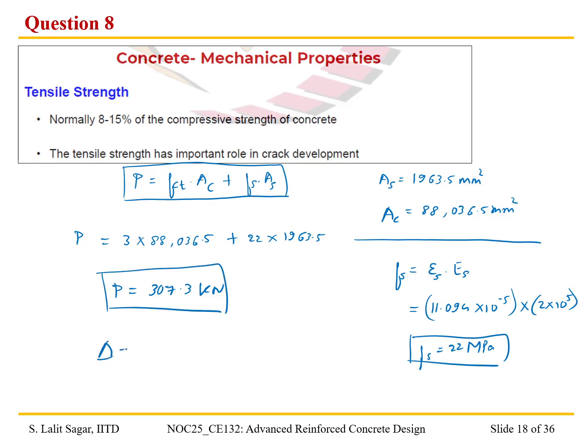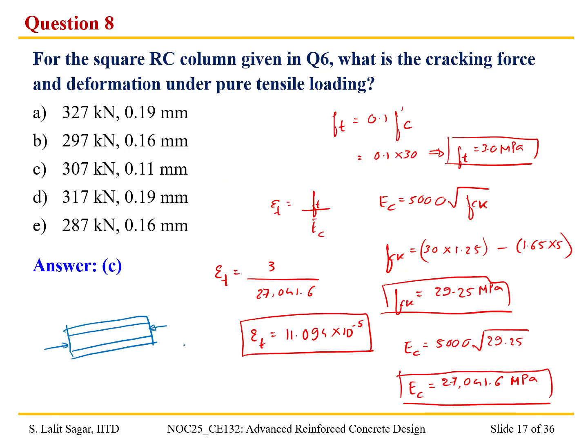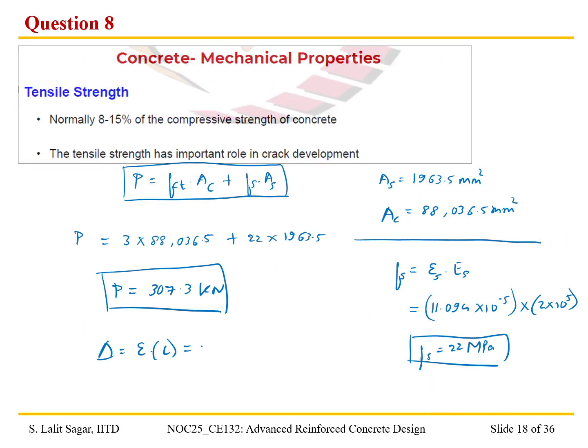And delta is given by epsilon into L, which is 11.094 into 10 to the power minus 5 into 1000, that is 0.11 millimeter. That is the value of delta.